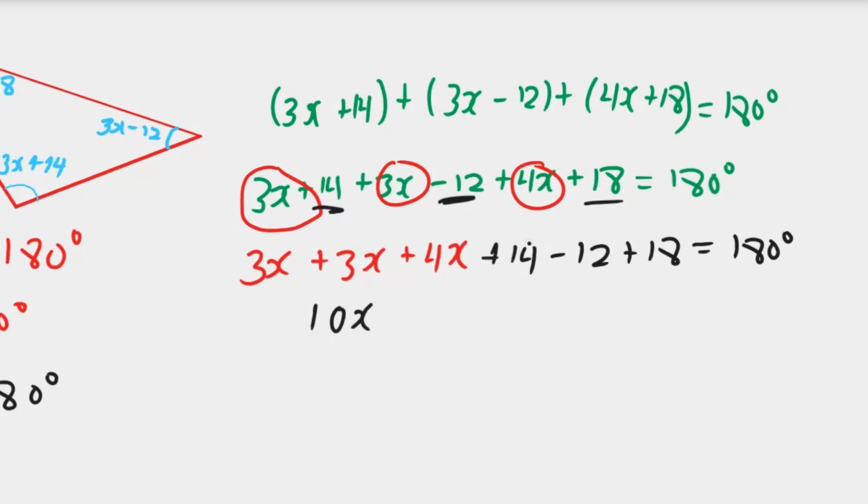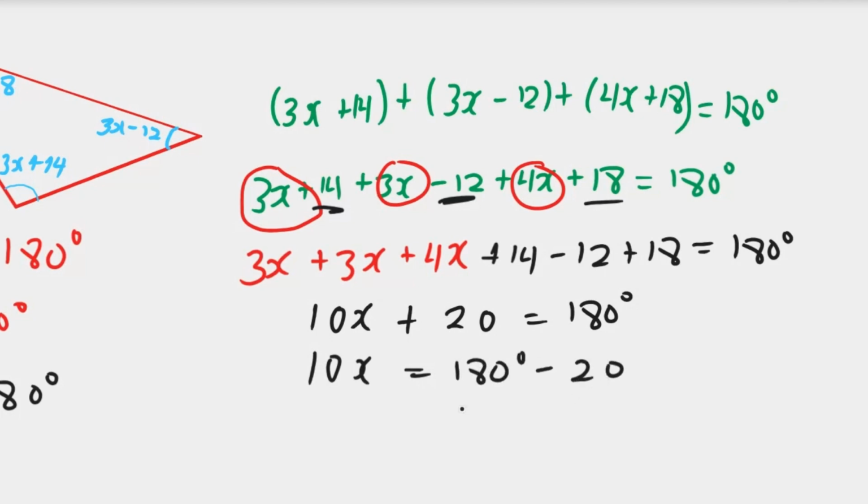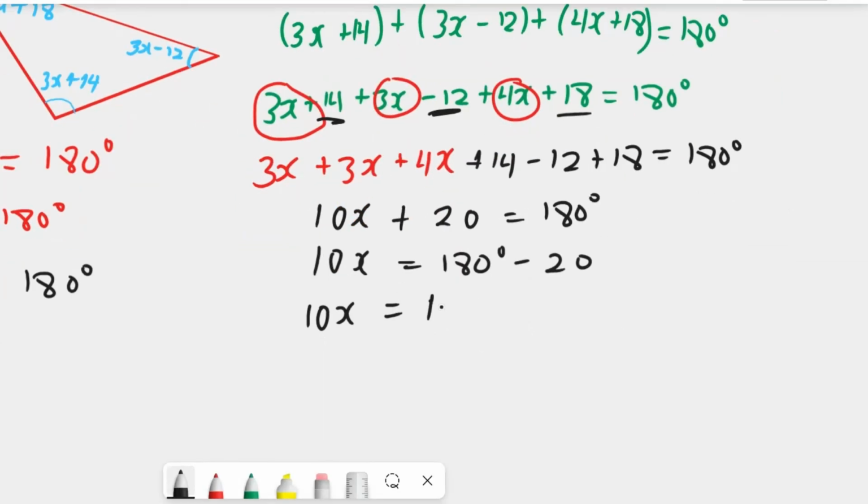Let's come to this one. 14 minus 12 is going to be 2. And 2 plus 18 is going to be plus 20, equal to 180 degrees. So what do we do next? We have to take 20 to the other side. So we get 10x equal to 180 degrees minus 20, which will give me 160, right? So what do we do next?